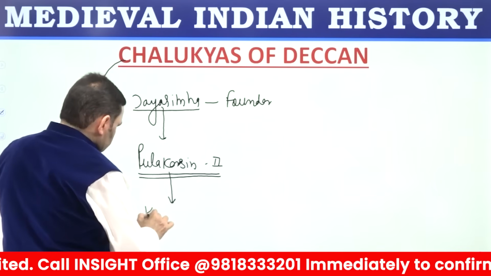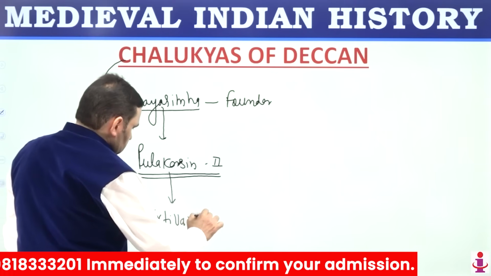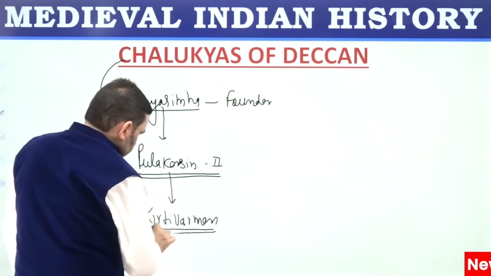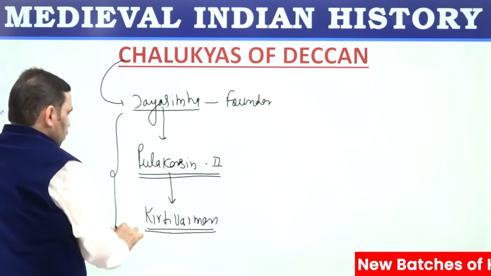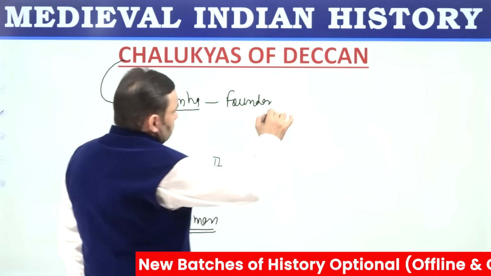The last king was Kirtivarman. So founders, capital, most powerful king, some achievements, those things you need to remember.